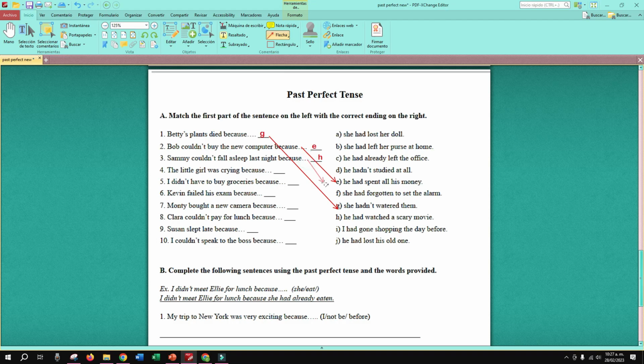So that would be something, right? Weird, but it could happen. Excellent. Let's see. The little girl was crying because what? A. Excellent, because she had lost her doll. That would be sad, right?